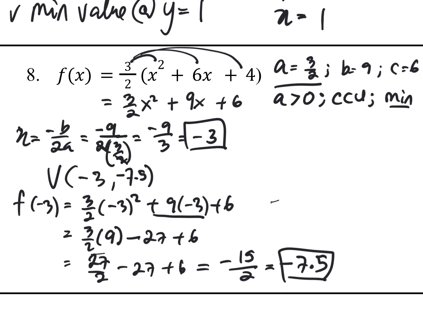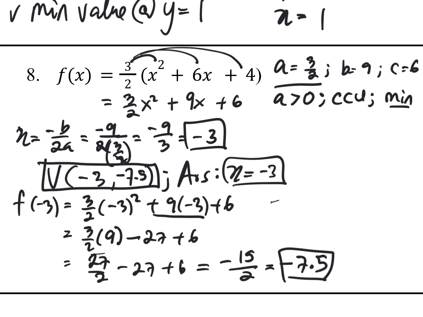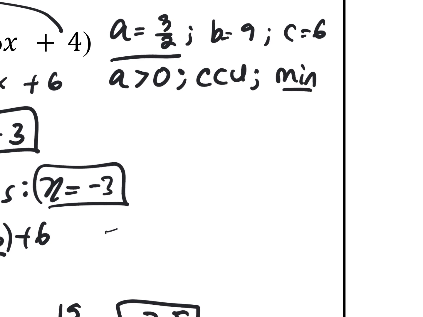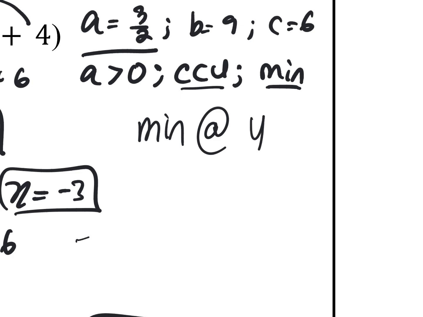So now it follows that since I already have my vertex, my axis of symmetry is also at x equals negative 3. Okay, what else? Since we have our concave up and our minimum in here, our minimum is at negative 7.5.